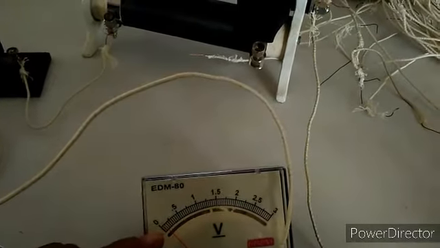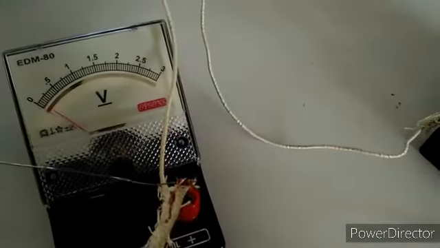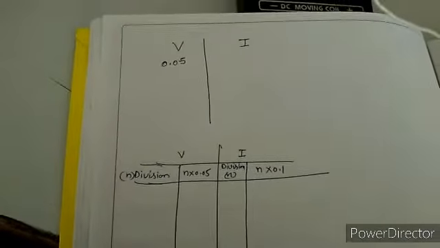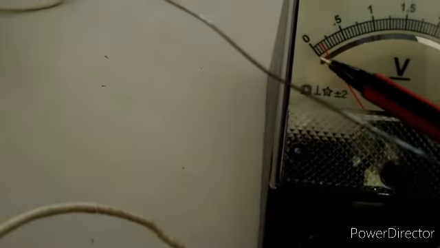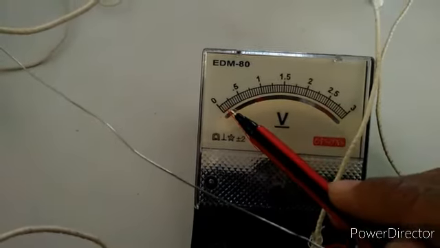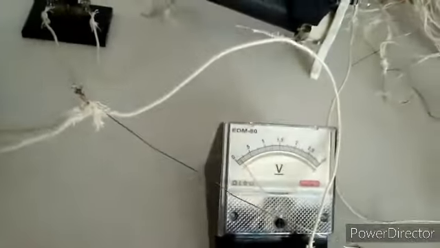We will take the reading. Here the total number of divisions is 2 on the voltmeter, and 1 division on the ammeter.